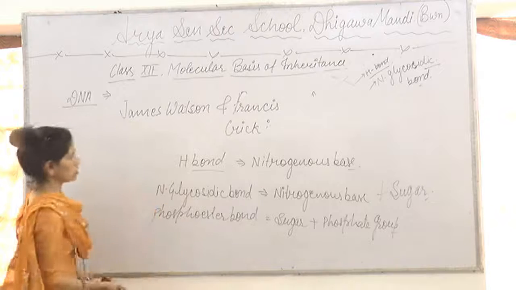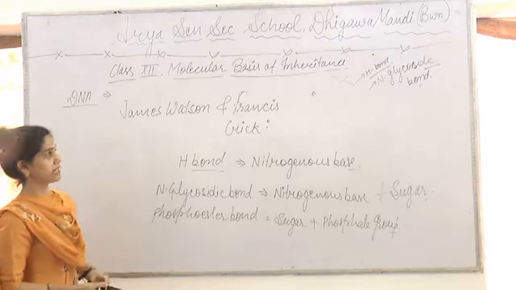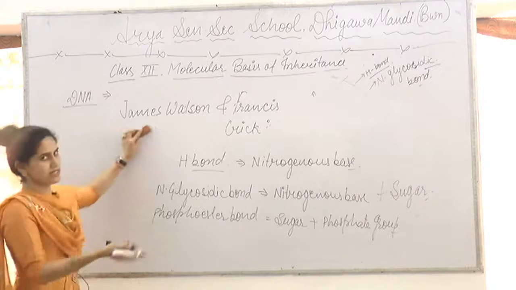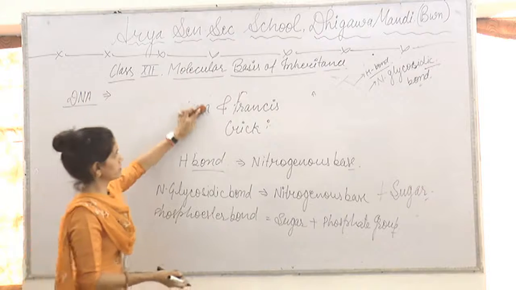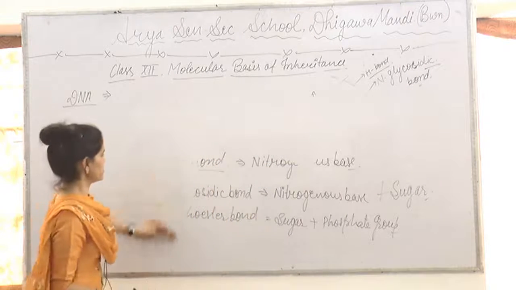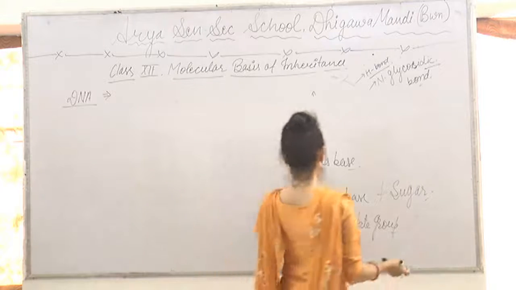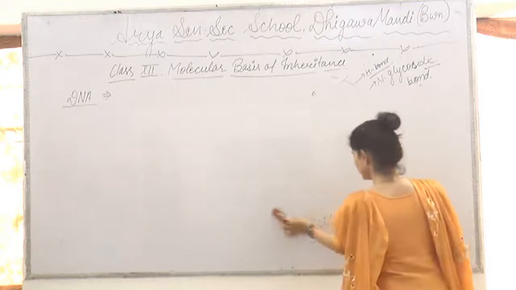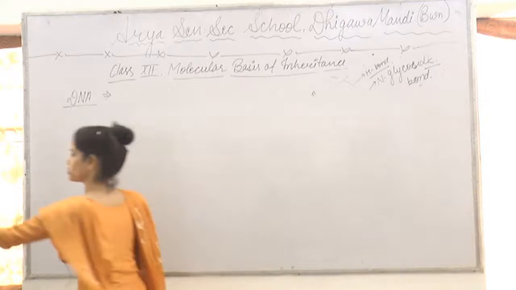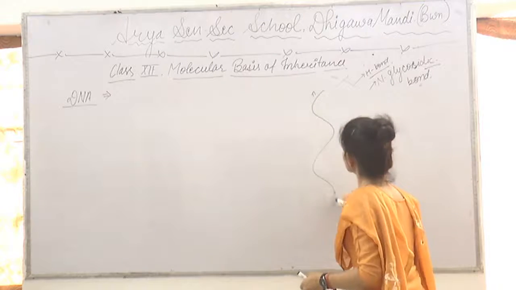Okay. So this was the structure of the Watson and Crick model. That's why this is known as the Watson and Crick model, and both Watson and Crick got the Nobel Prize on this model. And they discussed it very clearly. And one more thing should be mentioned by me: it is a double helical structure.